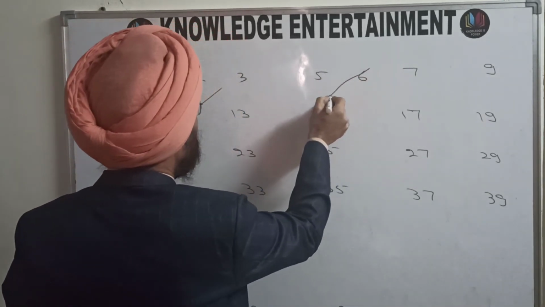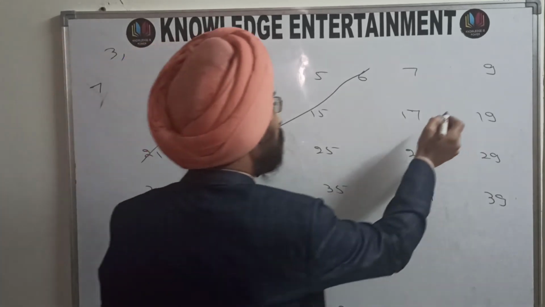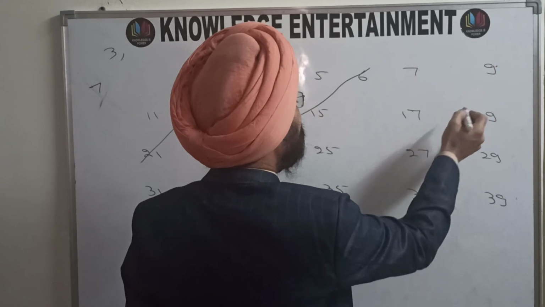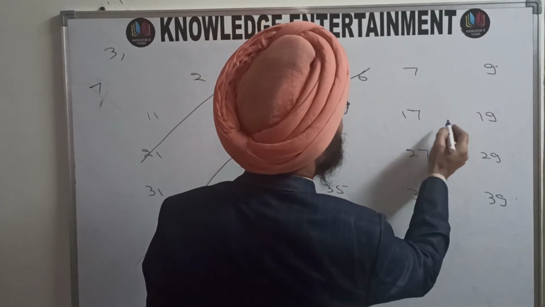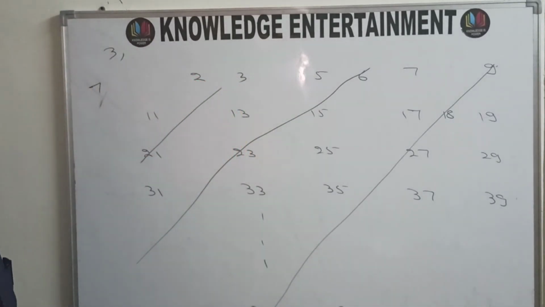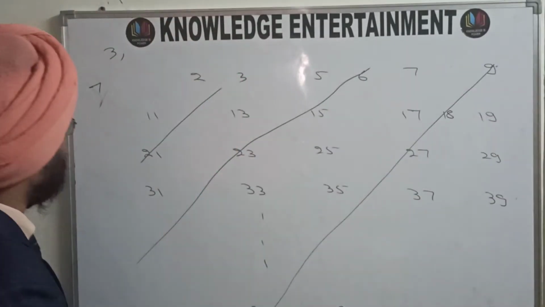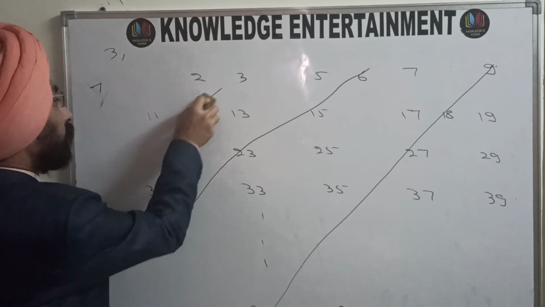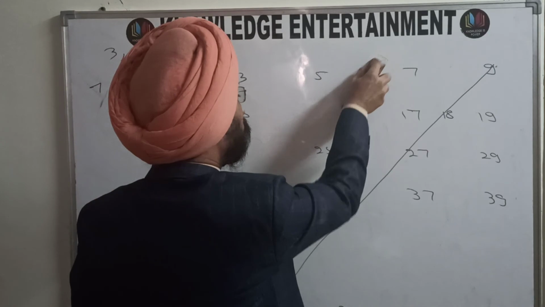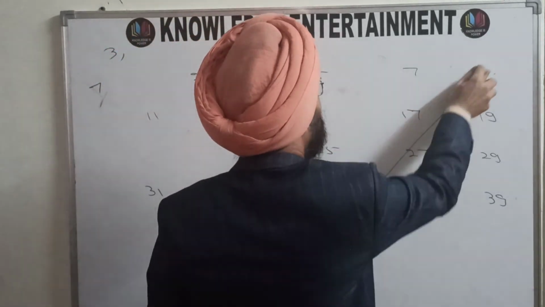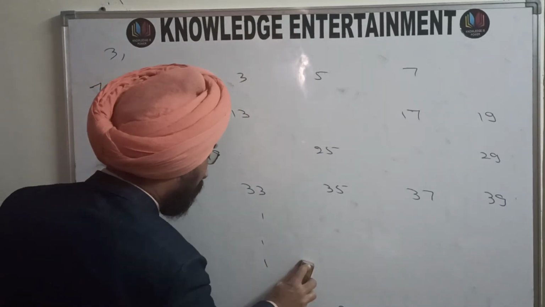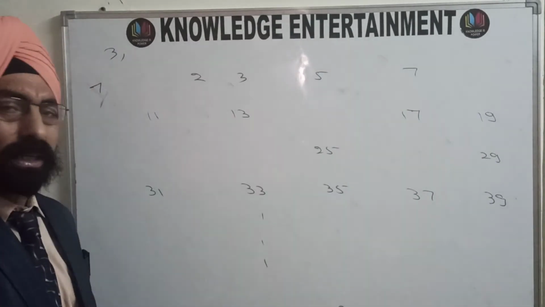So this line will also be deleted, and then this line, in the same fashion. But deleting is not a good way. You can put a cross there, so that they stay in the list, but we know that these are not primes.